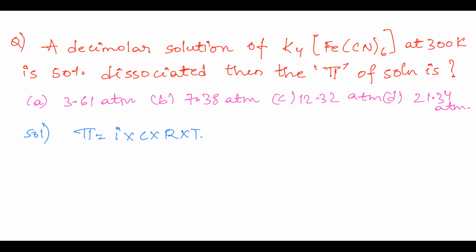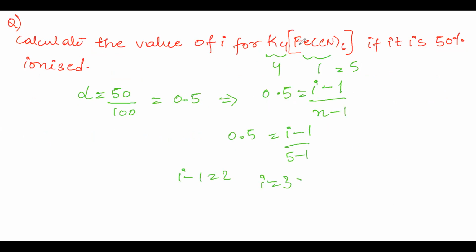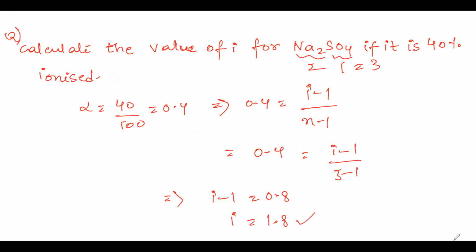The C value is also given: decimolar solution means the concentration becomes 0.1. For potassium ferrocyanide, we have seen in the last case, if it is 50%, the i value is equal to 3.